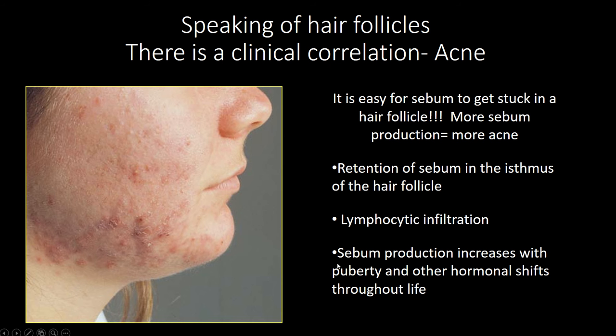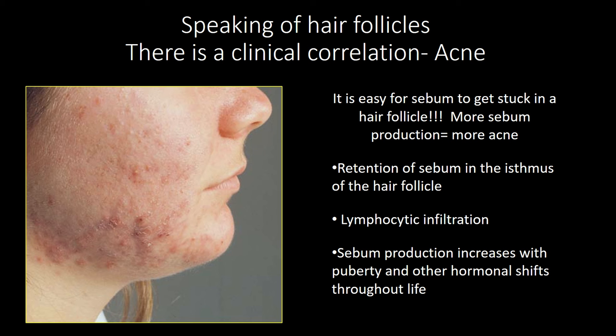Great. Okay, clinical correlation is acne. So talking about sebaceous glands, you can get sebum stuck in the hair follicles. And you produce sebum differently in different places of your body. You can get sebum stuck in hair follicles all over your body. You can get acne anywhere. You can get it stuck and it doesn't cause an infection. I think we commonly refer to that more like a blackhead.